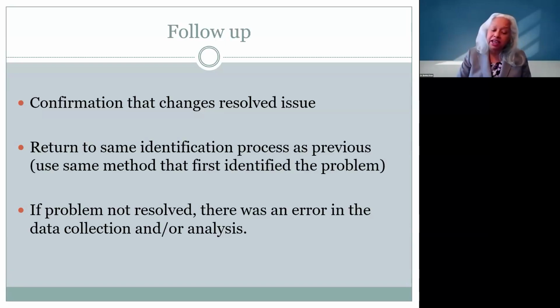You want to go back to the same process that you used to identify the problem. Whatever method was good enough to identify the problem in the first place should be good enough to identify whether your problem resolved. So let's say you did active surveillance, and every month you ask the surgeons, have you had any infections of patients who've had surgery in this facility over the past quarter, right?